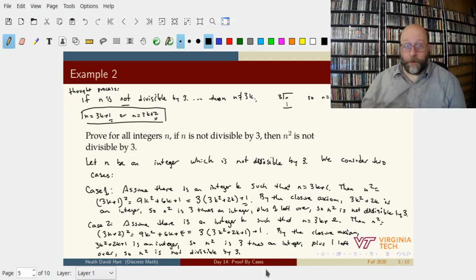So in both cases, we were able to get to the result that n squared was not divisible by 3. In both cases, n squared was a multiple of 3 with 1 left over.